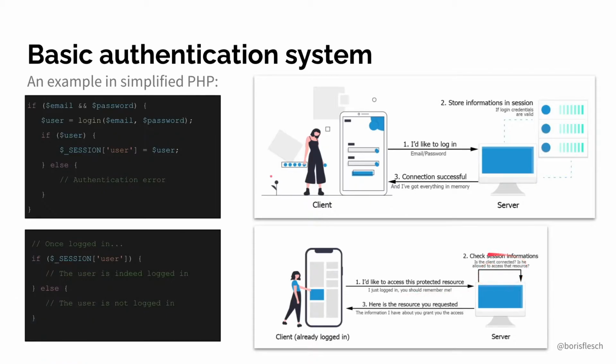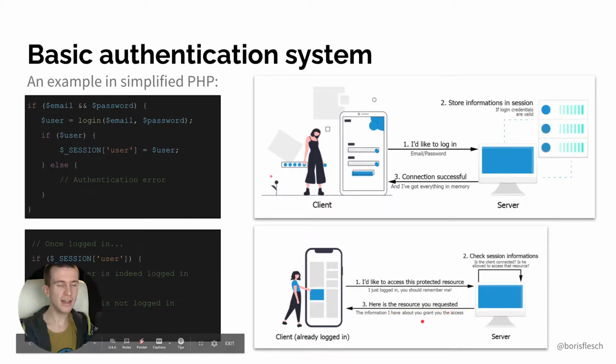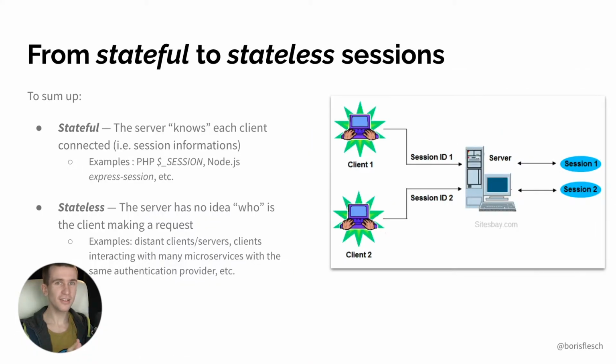So the server can check the session information, that's what I just described here in this very simplified PHP code. And if the client is still connected and the information is still in the session, then the server can reply to the client with the requested resource. So here is the resource you requested, and the information I have about you grants you the access. So that's why the client can access this resource. This is the very basic principle of how a session works.